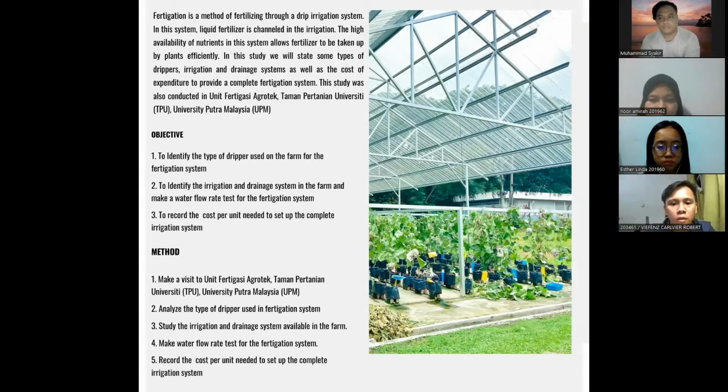For the method of this study, first, we make a visit to Unit Fertigation Agrotech, Taman Pertanian University at University Putra Malaysia. Second, analyze the type of dripper used in fertigation system.